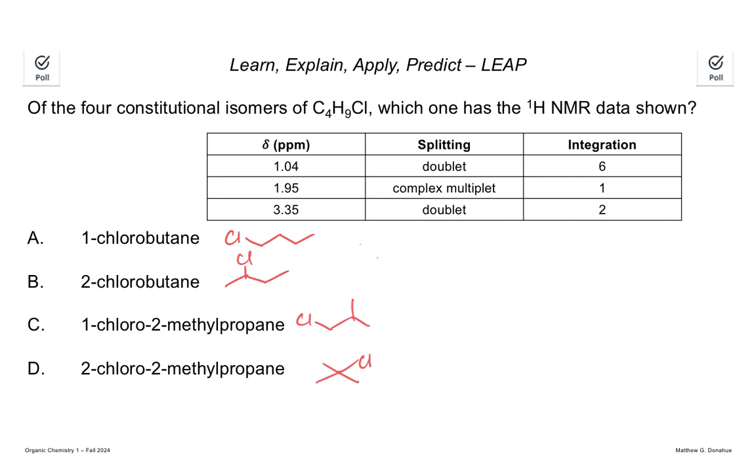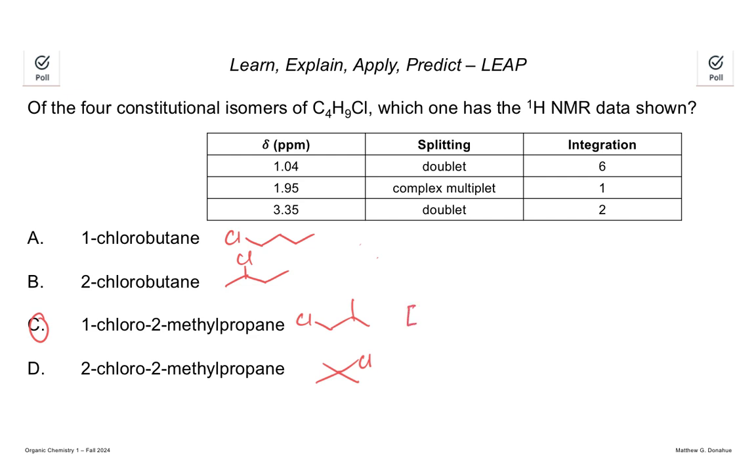Any guesses before we walk through it? I heard an A. Don't think so. Say it loud, say it proud. C. So we'll go through C and then we'll go through the rest of them. And then that will help us answer the rest of the questions, basically.